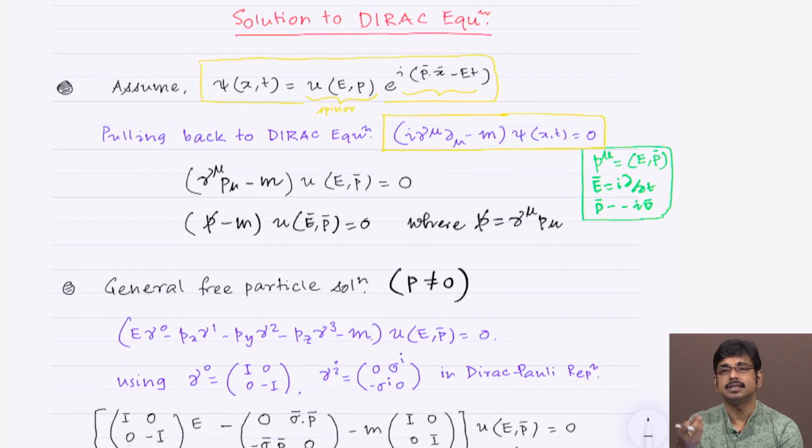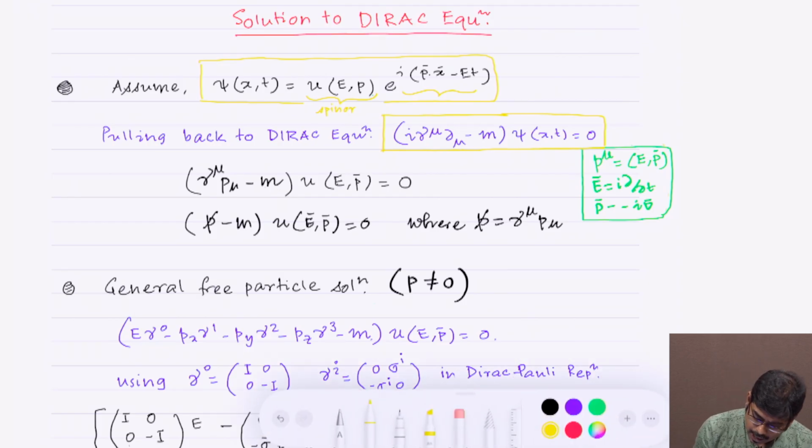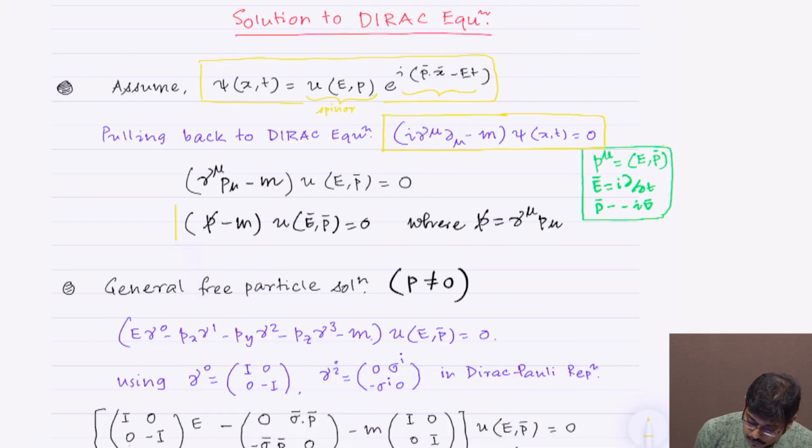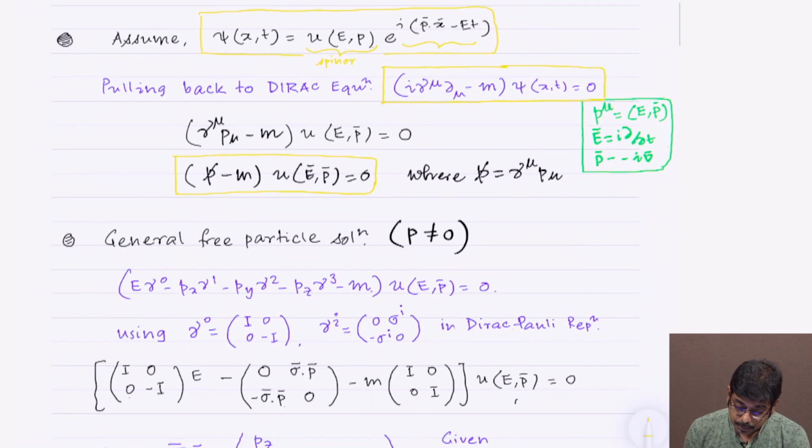However, this still is a matrix. So this is the equation that u(E,p) needs to solve, right? We did the solution for the p equal to 0 case. Now let's look into the possibility when p is not equal to 0.